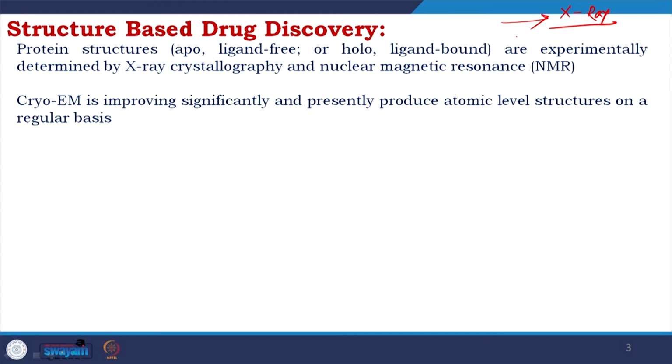But X-ray has its own limitation of providing static structures, and today we will talk about the reason, the requirement of flexibility which will come from the dynamicity analysis, where X-ray is kind of restricted.